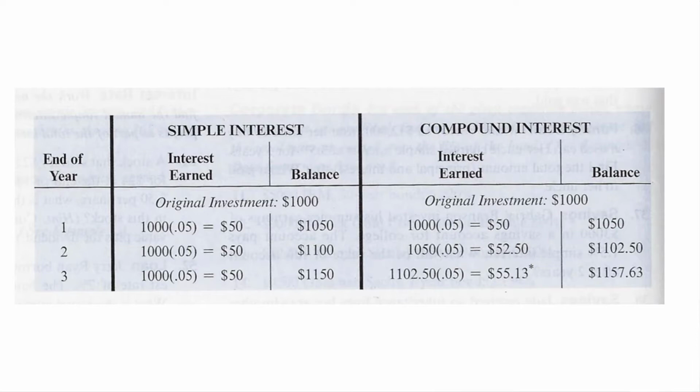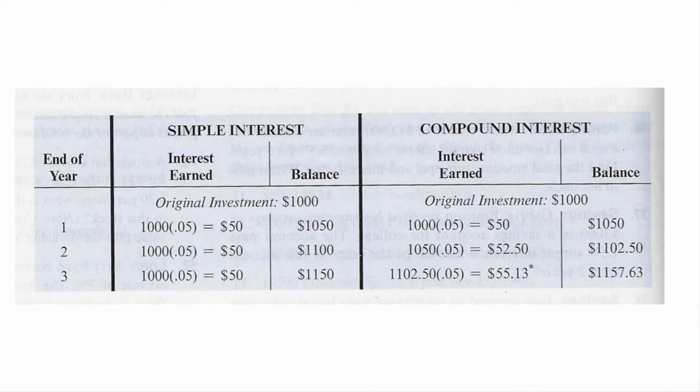The simple interest is on the left, and as you can see, we multiply the same amount, $1,000, times 5% every time. But on the right side, with the compound interest, every time we calculate the interest, we use the total balance that has accrued to calculate the next interest calculation.